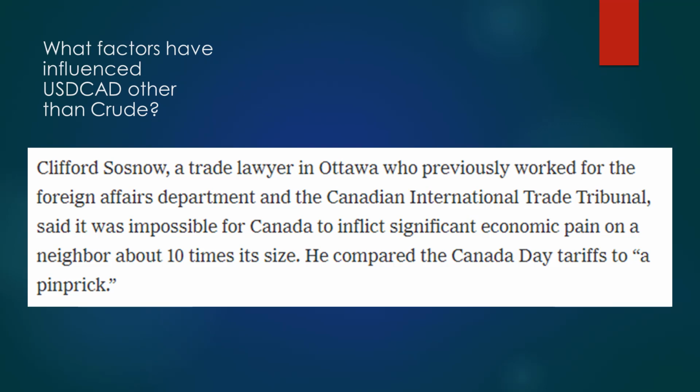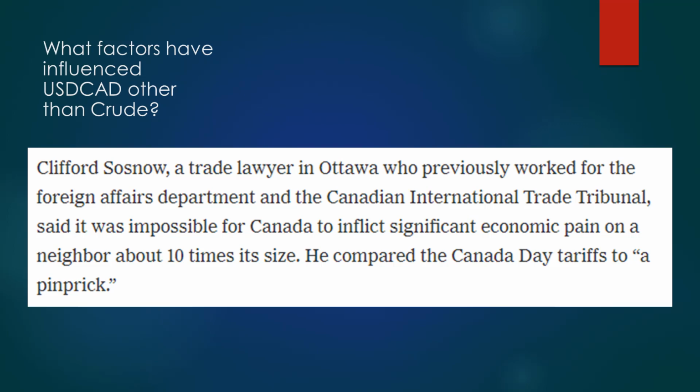Here's a quote from the New York Times. It's Clifford Sosnow, who is a trade lawyer in Ottawa. His opinion is that for Canada to inflict significant economic pain on a neighbor, the United States, about 10 times its size, he compared the upcoming Canada Day tariffs to a pinprick.